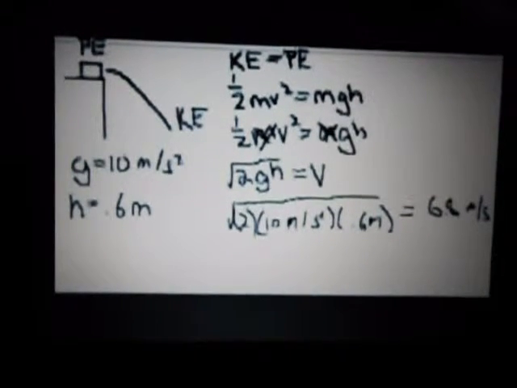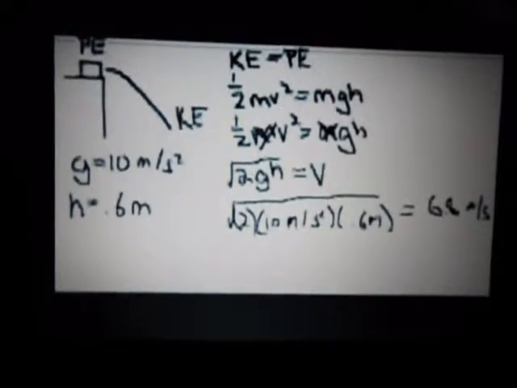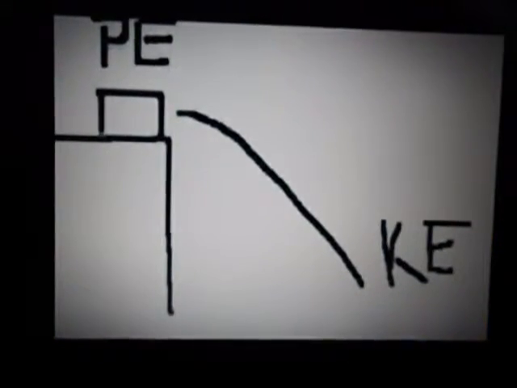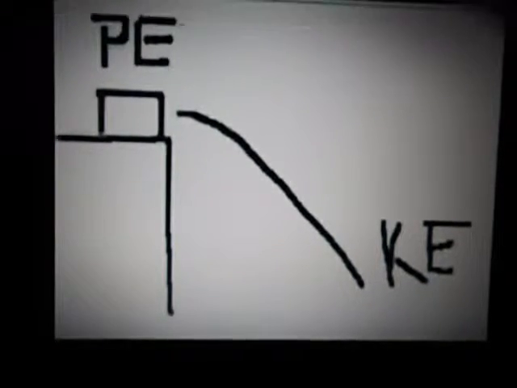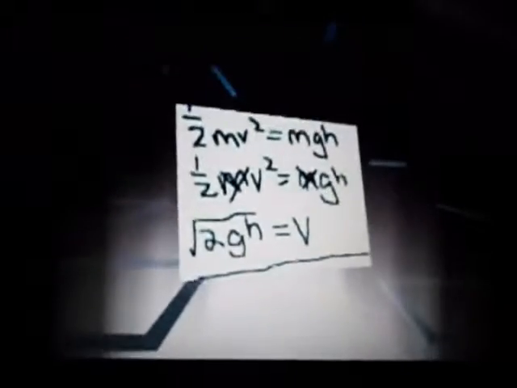We would have been able to use the conservation of energy to determine Kitty's velocity before hitting the ground. Her potential energy on top of the island is equal to her kinetic energy just before hitting the ground. Potential energy is equal to mass times gravity times height, and kinetic energy is equal to 1/2 mass times velocity squared.